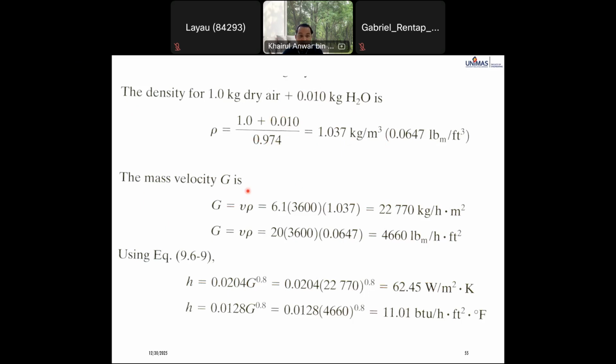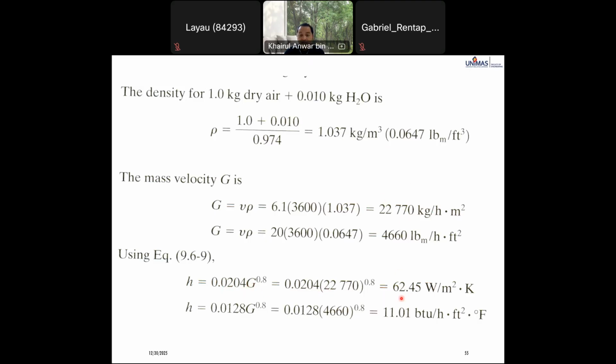The mass velocity G is 6.1 meter per second times 3600 times 1.027, referring to this density. Equation 9.6-9: then we calculate h equal to 0.0204 G to the power 0.8. G is from here.